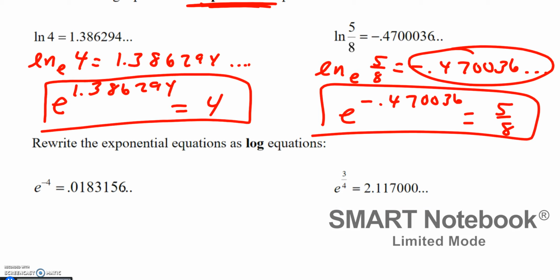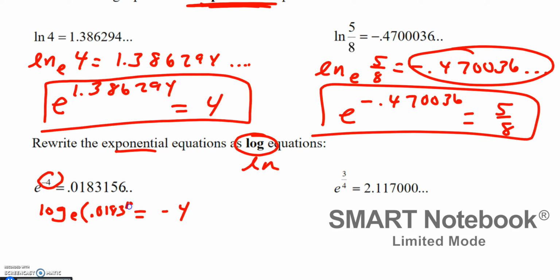If we went the other direction and wanted to change the exponential into log or ln equations, or log base e, because my base is e, here's what I could do first. I could say this is log base e, because I see the base, and then I know that my exponent is negative 4, so I know this needs to equal negative 4 because logs are exponents, which means that the argument, or the value, would go here, 0.0183156.